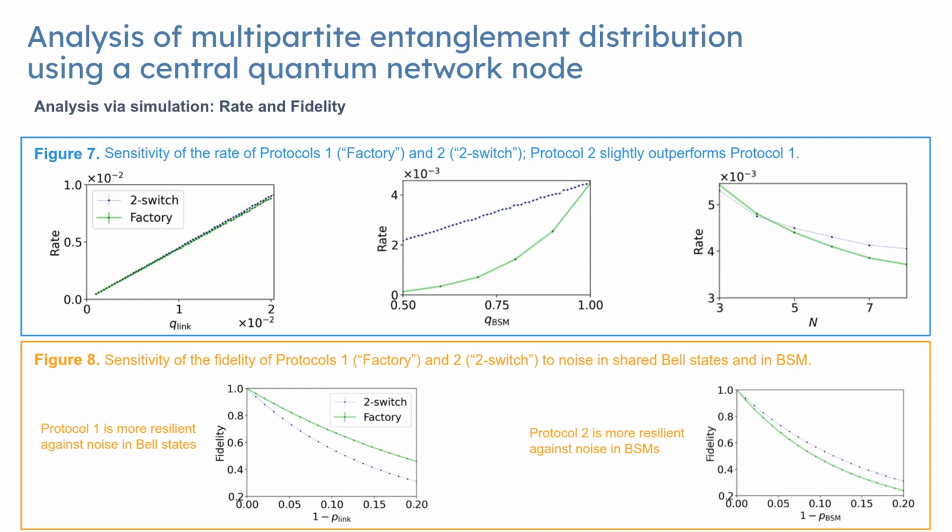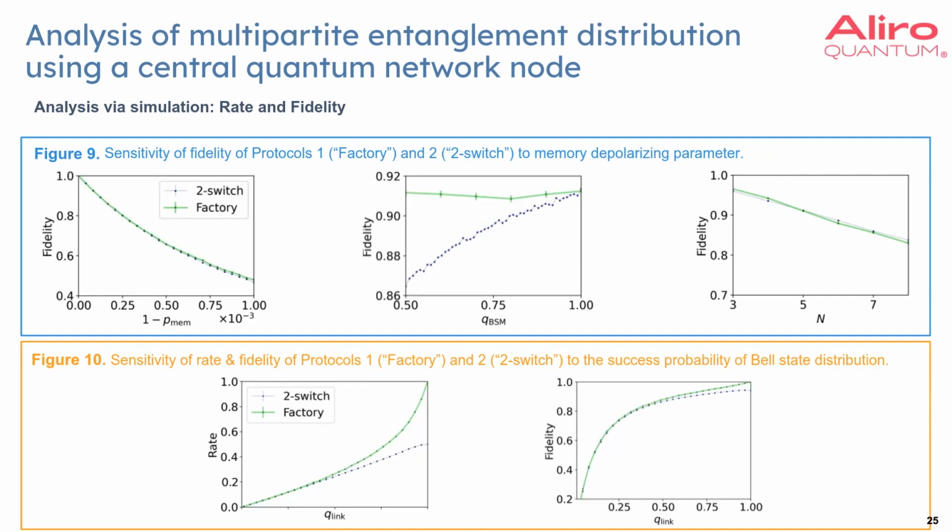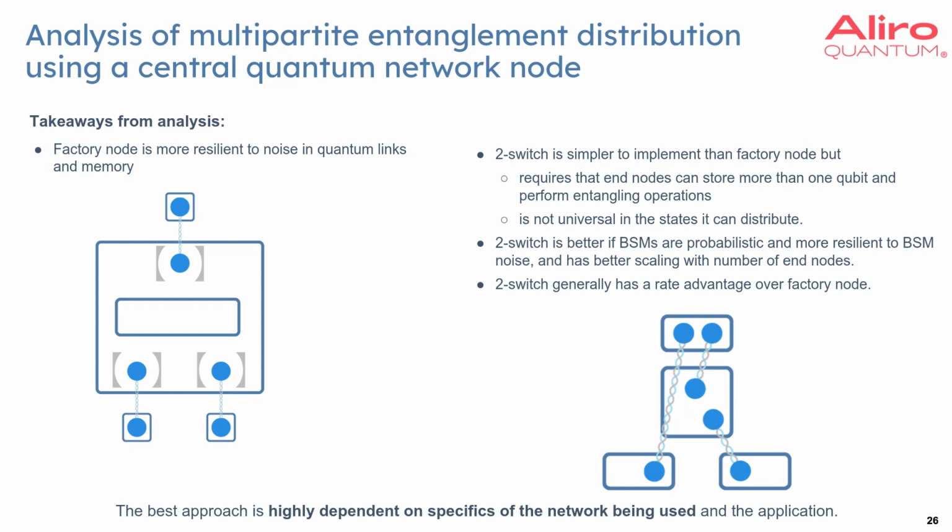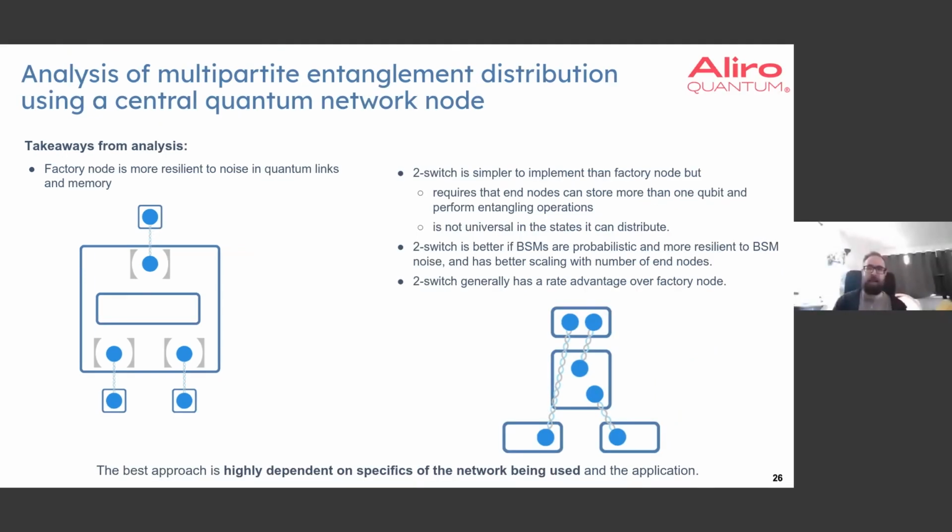I'm putting the figures from the paper here just so you can see them, and maybe pause if you're watching later. But the basic takeaway from their analysis is that it really depends on the specifics of your network, as with most quantum networking, right?